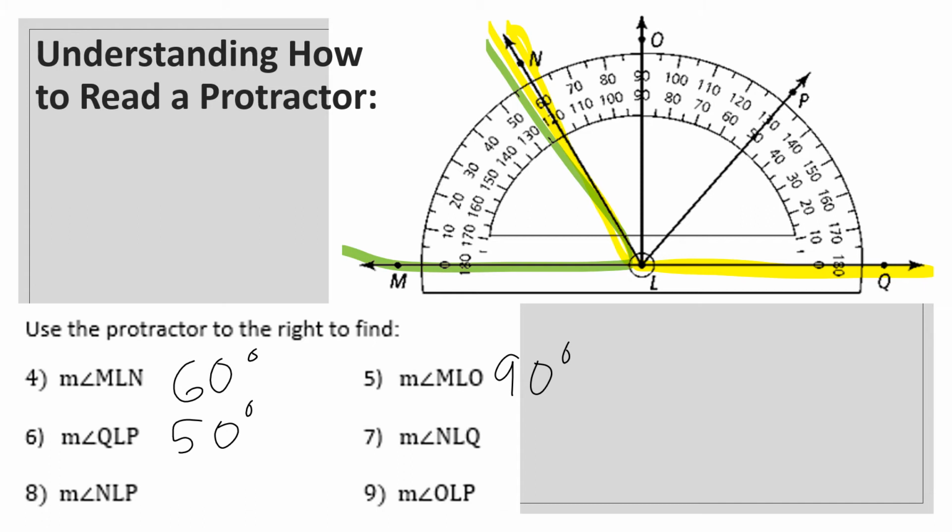So NLQ is bigger, okay? So if we're starting from 0, we need to get the inside, the interior angle measure. So do you think, judging by these two numbers here, would it be 60 or 120? It's going to be 120 degrees.